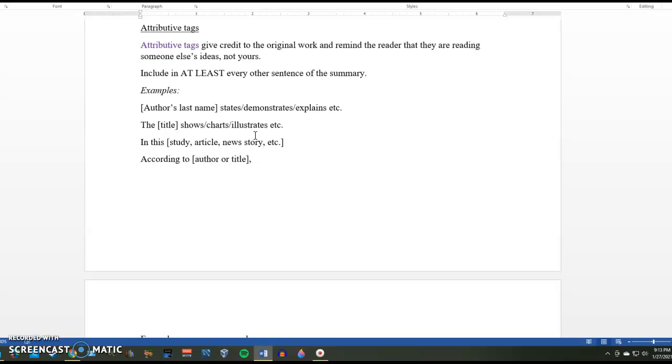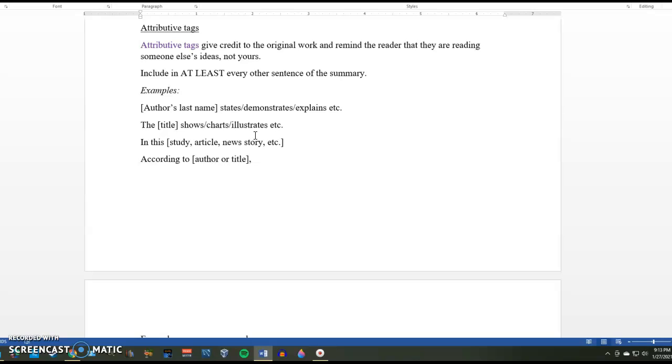So you can formulate them lots of different ways. You can use the author's last name and then use a verb. Pick one. So you could say, Shaw states, Shaw demonstrates, Shaw then explains, and that's why the etc. is there. Because you can keep going with these verbs as long as they are nice and neutral.